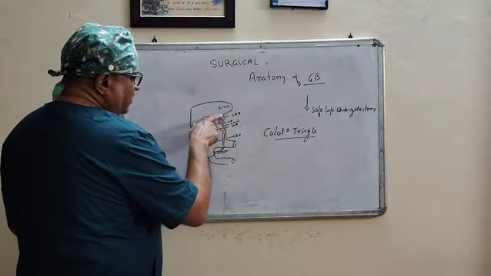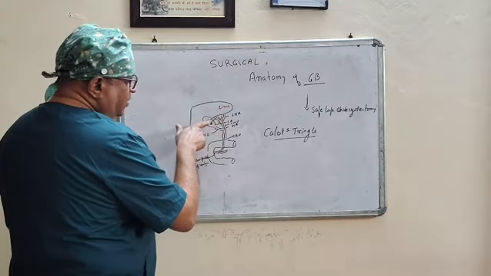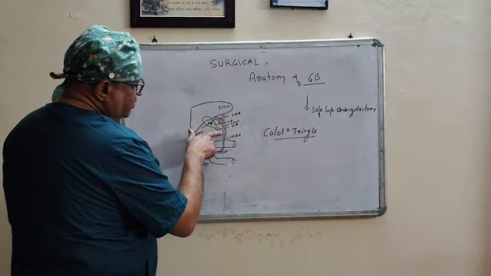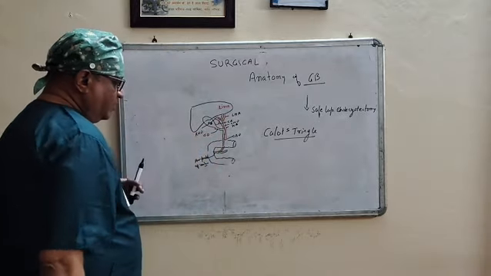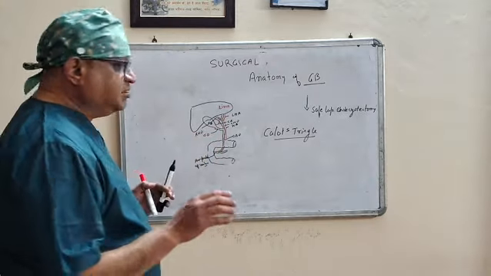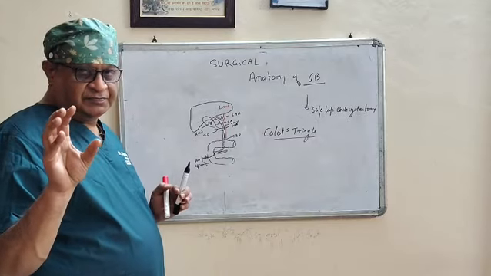There is a right hepatic duct, left hepatic duct and cystic duct. Normally, the cystic duct inserts into the common hepatic duct to form the common bile duct. Sometimes there is a short cystic duct.